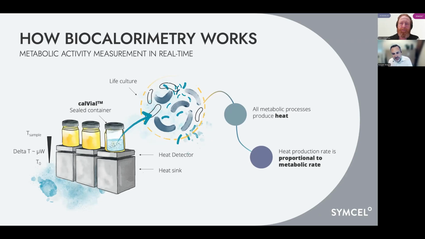So if you have cells, yeast cells, bacterial cells, anything that is alive, they will produce heat by just having basic metabolism. Through our platform, you can then measure this in real time. And the neat thing about this is that it works really well if you have complex model systems, because as we're measuring heat, it doesn't matter where in our sample vials you are.